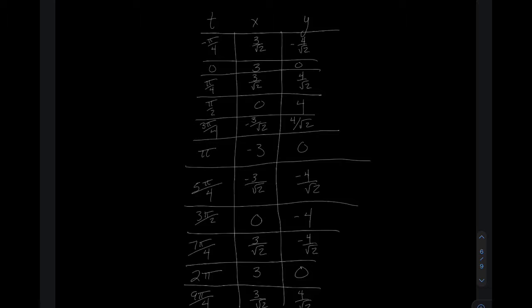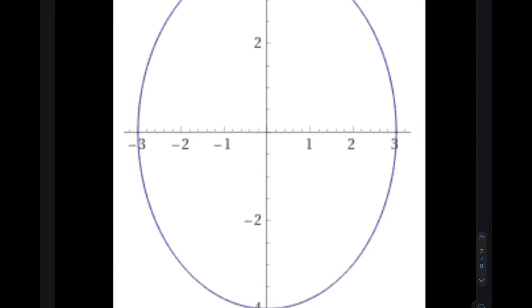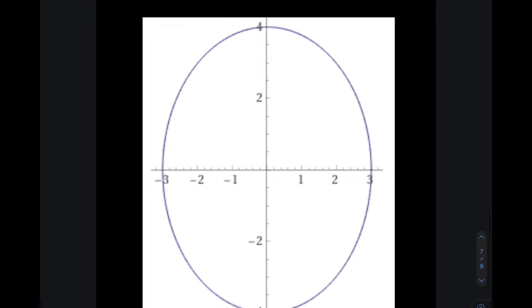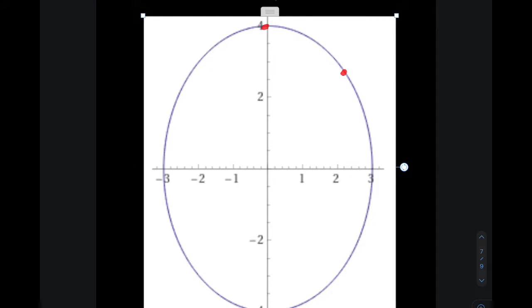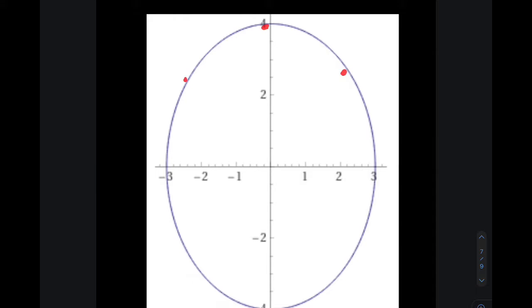Alright, so what does this look like? Well, if you were to graph all of these points, starting at negative pi over 4, we would start at about right here. And then we would go to here by pi over 4s along the curve, in a counterclockwise direction.